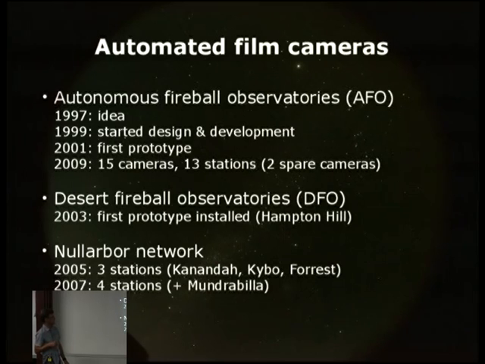About in 2002, a chap named Phil Bland learned about these automated film cameras. Before that he was coming to Western Australia to walk in Nullarbor and search for meteorites, just random meteorites that he was able to spot and find.